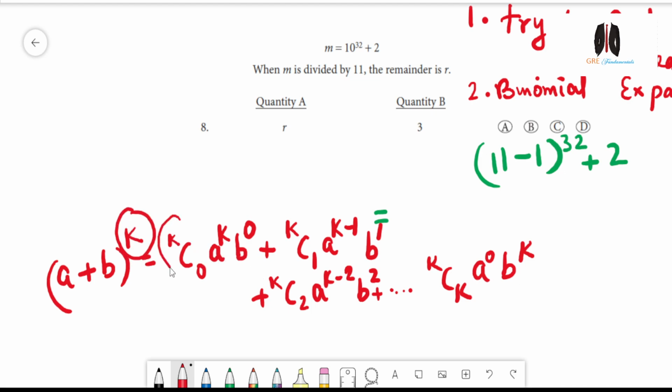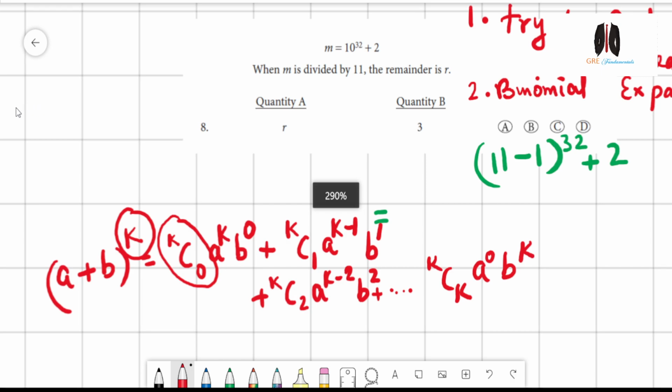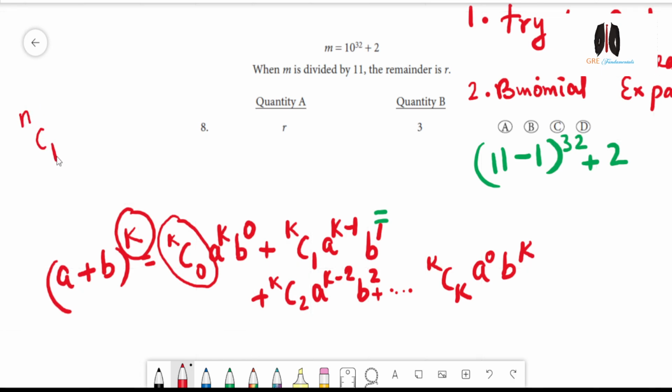And this is basically a combination. So what is a combination? Combination is written as n factorial upon n minus k factorial into k factorial.